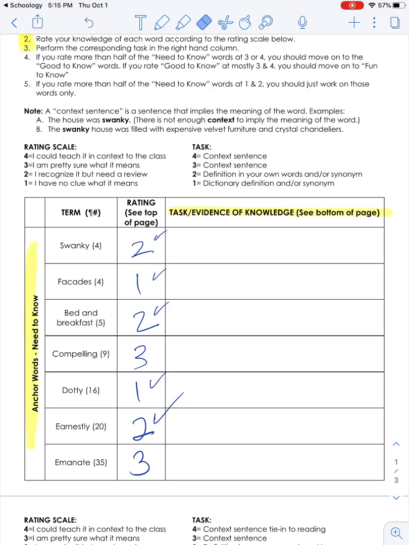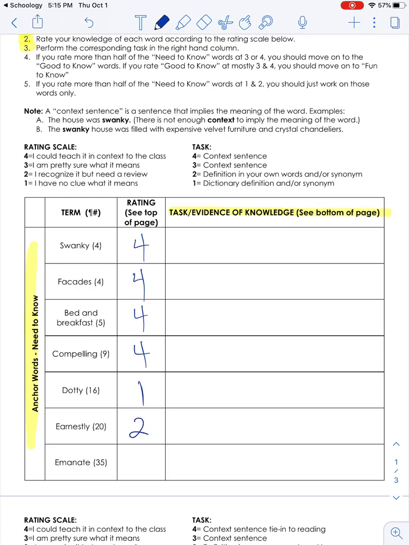Now, some of us might have pretty impressive vocabularies. So perhaps we go through the rating and we say, yep, I know what swanky means. I'm familiar with facades. I know what a bed and breakfast is. I know the word compelling. I have no idea what the word dotty means.